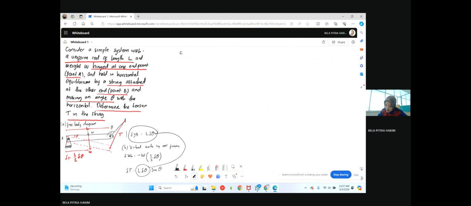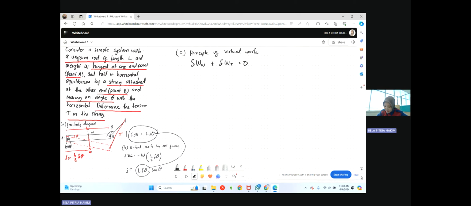So what is the principle of virtual work? With the notation we already have, the virtual work of the weight plus the virtual work of the tension is equal to 0.